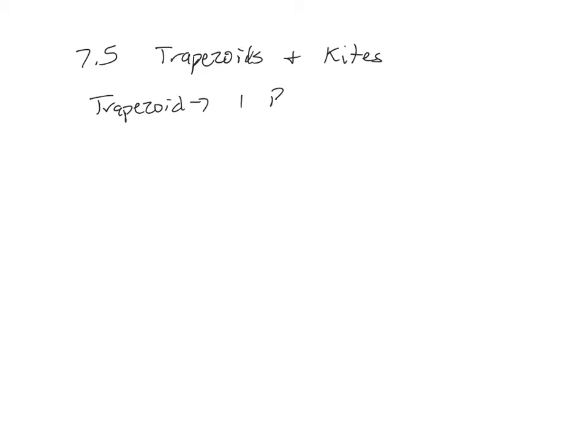Okay, so a trapezoid has one pair of opposite sides parallel.